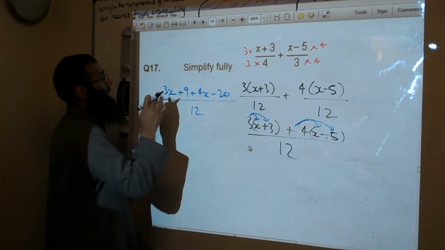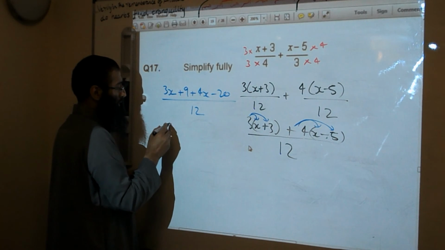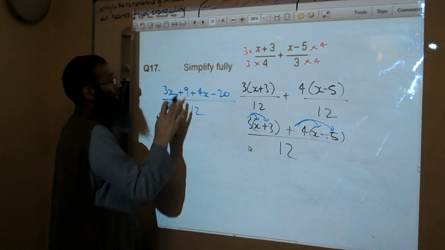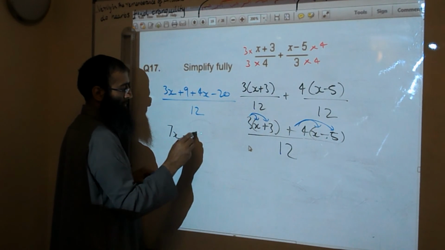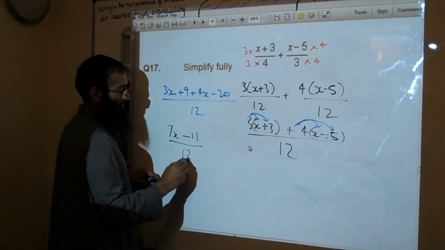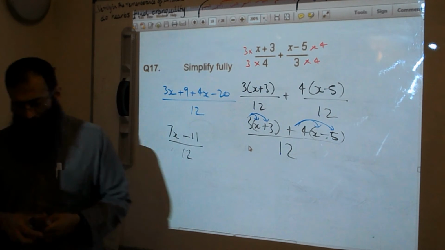Let's simplify it now. 3x add 4x is equal to 7x. 9 take away 20 is equal to minus 11. And that's the answer that we should have.